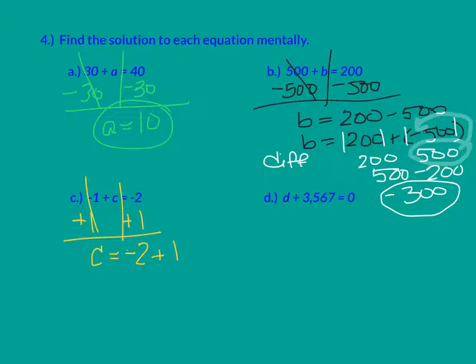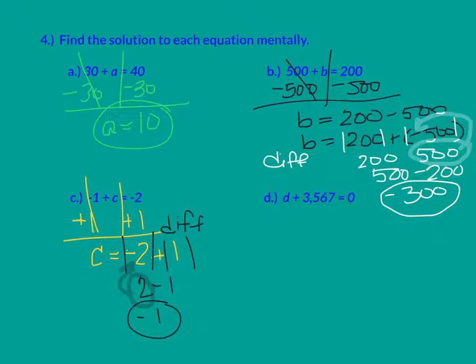The signs are different. Find the difference. Finding the difference. Absolute values. Absolute value of -2 is 2. Absolute value of 1 is 1. 2 minus 1 is 1. However, I do need to go back and see which of these was my larger absolute value. That would be 2. And 2's original sign was negative. So that means my answer is -1.